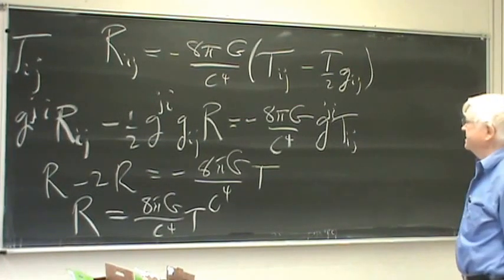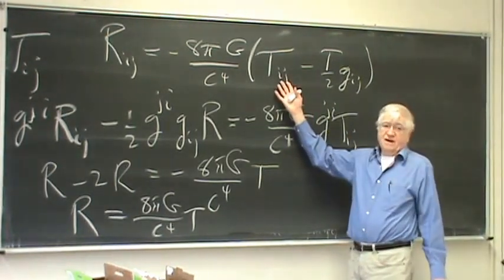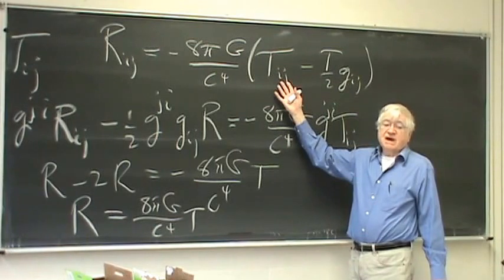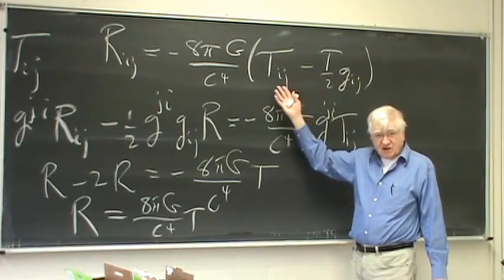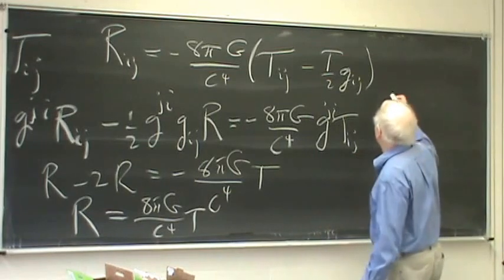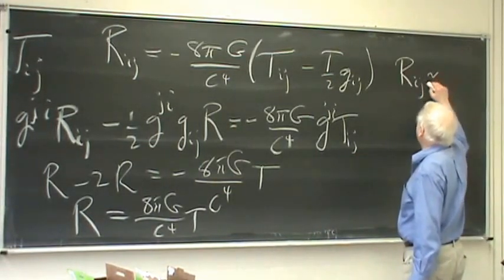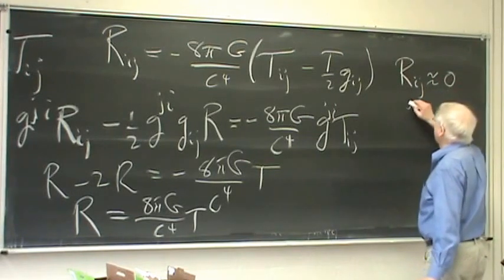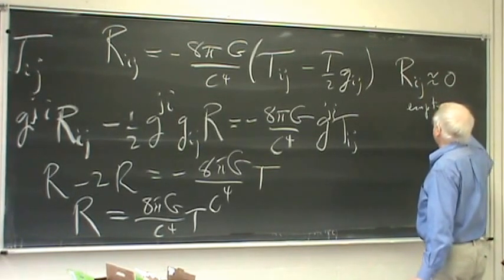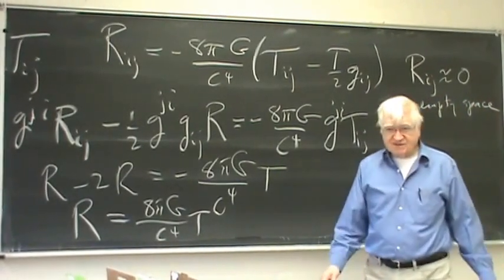If we're in empty space, without any dark energy or dark matter, we just have Rij equals 0. So an approximate form is Rij approximately 0 in empty space. Well, it's exactly 0 in really empty space.